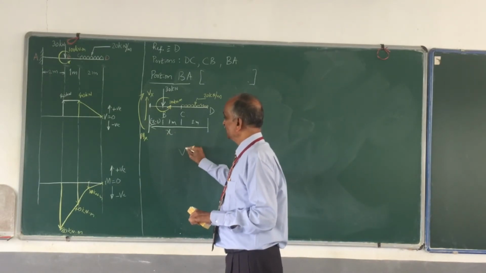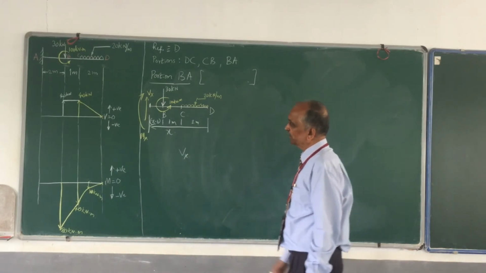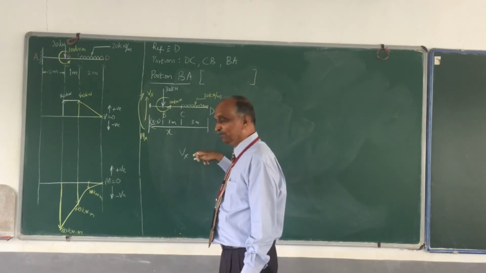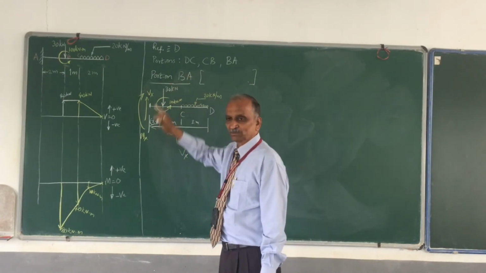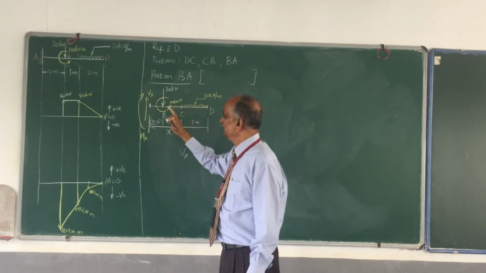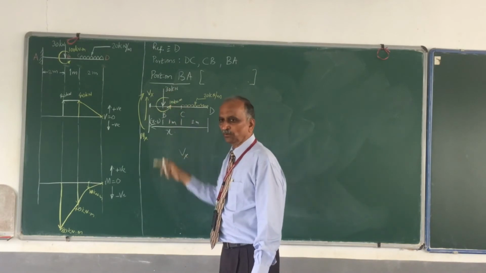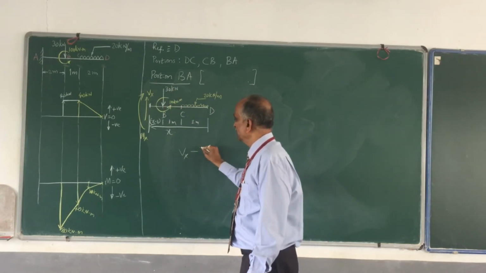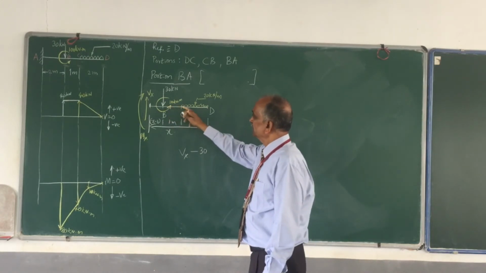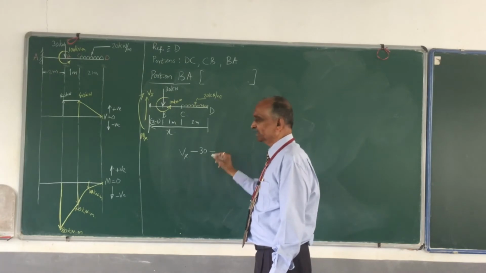So let me start with Vx. You have to exhibit a lot of patience. The upward force is positive. This 100 kilonewton meter is also a moment, skip it. Then 30 kilonewton is a force in the downward direction, minus 30. Then you have a UDL acting downwards, therefore it is minus.